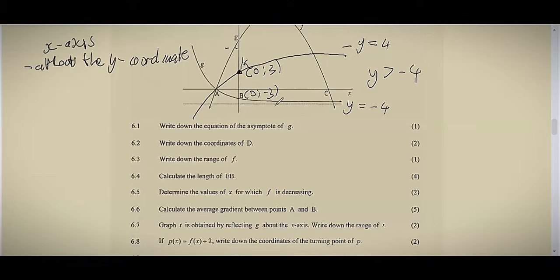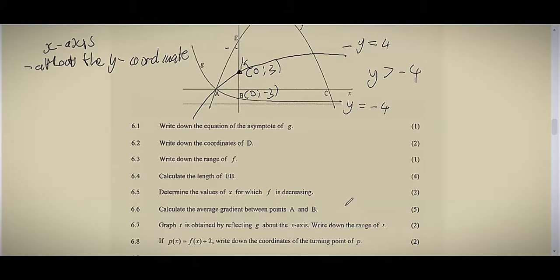So the graph of G would start to exist at a point above negative 4, being the asymptote, going all the way up to positive infinity. But because we've reflected it along the x-axis, now what happens? The asymptote is at positive 4, meaning the graph of T, being the reflection of the graph of G, will now exist for all the values that are below positive 4, going downward to negative infinity. So how do we write the range?